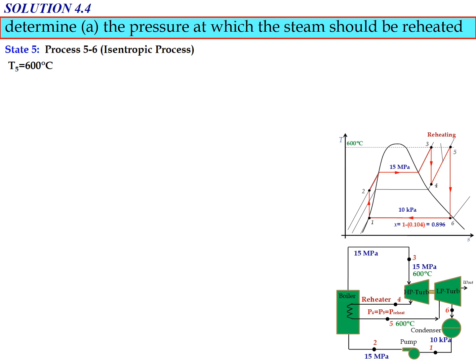However, because we already calculated the important parameter for state number 6, and the process for state number 5 involves the isentropic process, now S5 is also equal to S6, where the value of S6 we already obtained previously. So S5 equal to S6 equal to 7.3701 kilojoule per kg Kelvin. So now for state number 5 we already have two data, temperature and also entropy. So that is enough information to obtain the enthalpy value and also the pressure value.